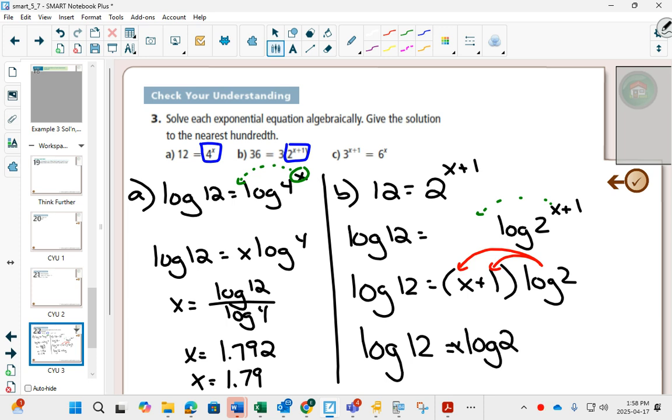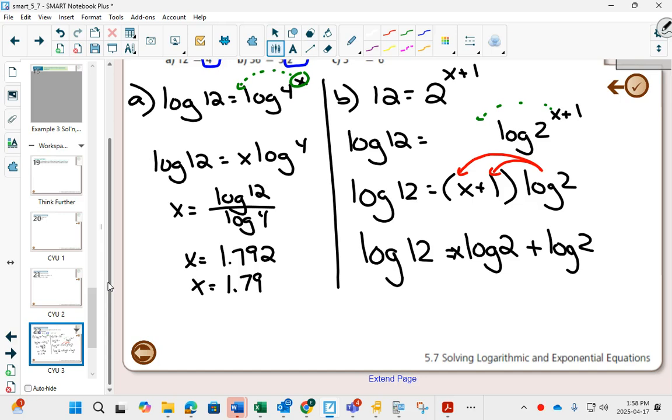x log 2 plus log 2. Now I can move log 2 to the other side.